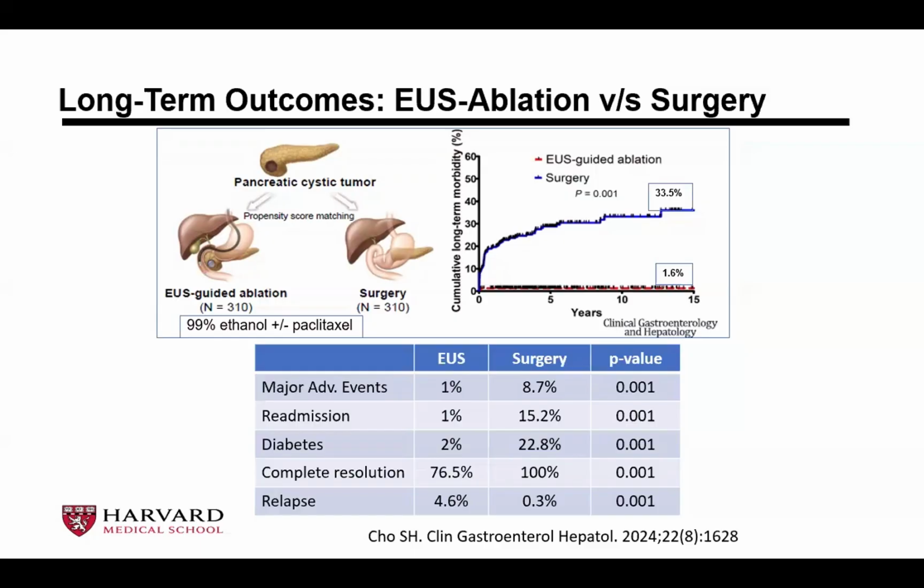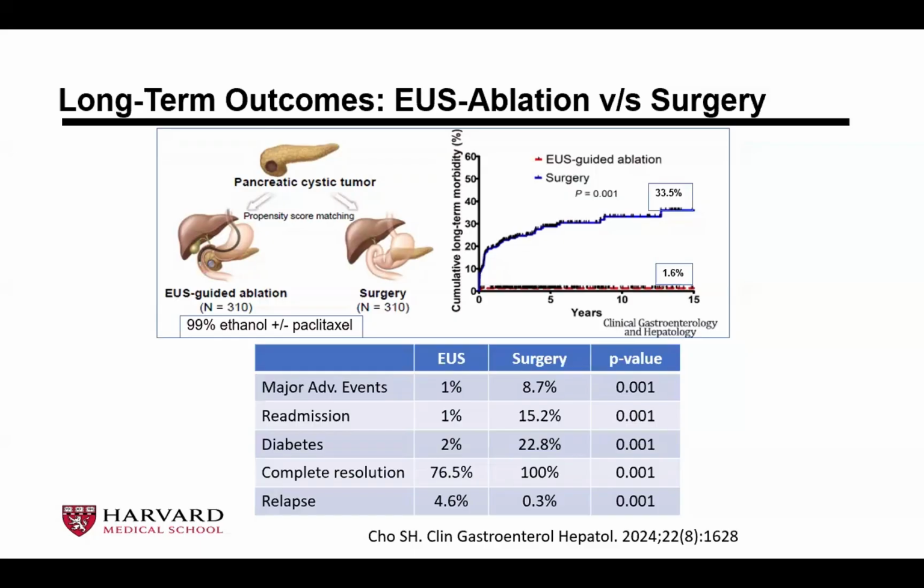And you can see that in the EUS group, there's much lower adverse events. The likelihood of readmission is much lower compared to the surgical group. The risk of developing diabetes 6 months and 1 year out is significantly lower compared to the surgical group. But then the surgical group does much better with regard to complete resolution and low rates of response.